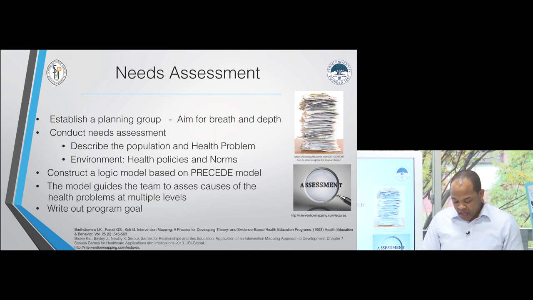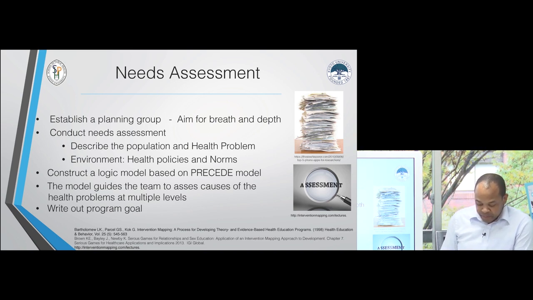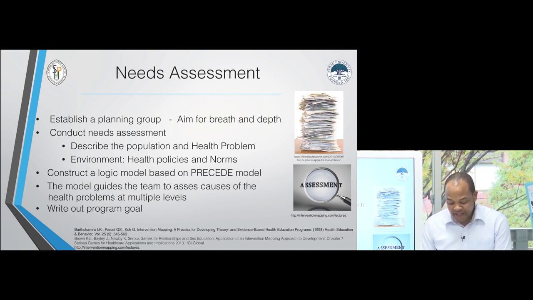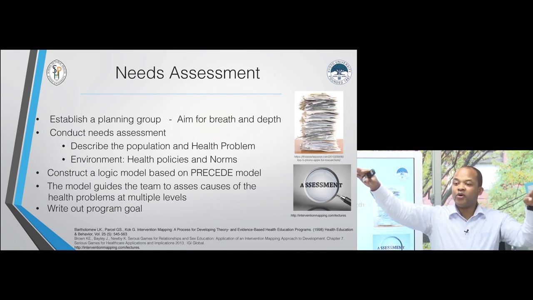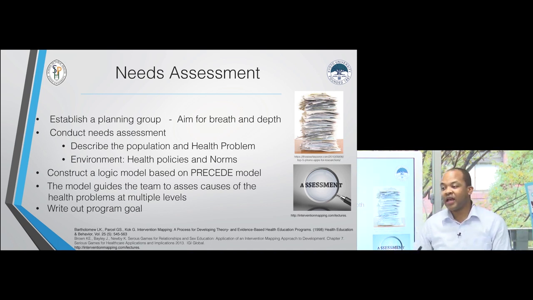It diagnoses many factors that contribute to the program you're working with. And then it also guides a team to assess causes of health problems at multiple levels, at individual level, interpersonal level, organizational level. This model helps you to diagnose different problems at that stage.